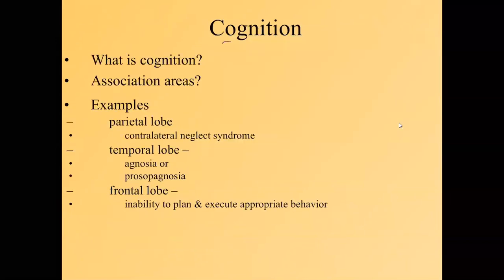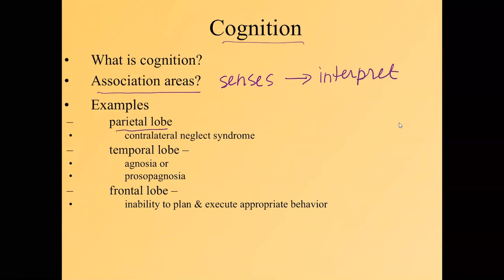Now cognition. Cognition is how you think and how you think about thinking. There are association areas associated with each of our senses. They take information from the senses and help you interpret it and maybe apply meaning to it.